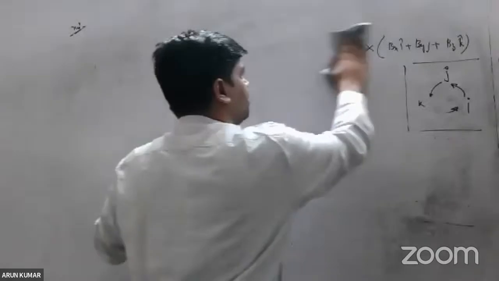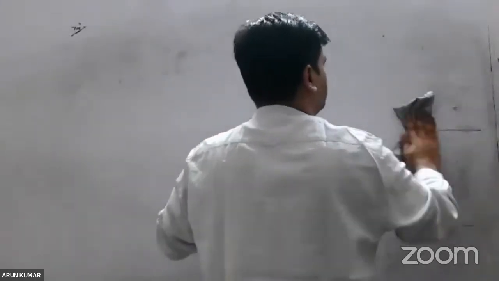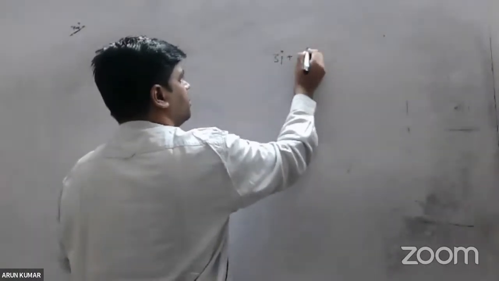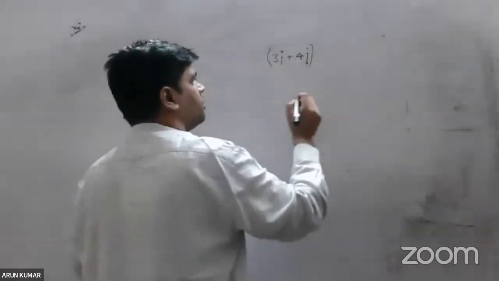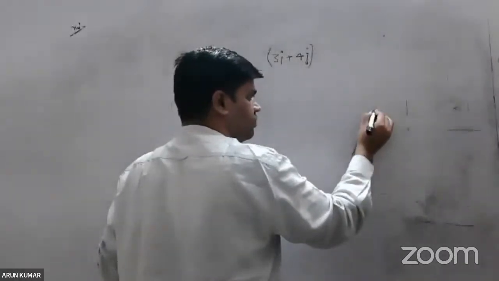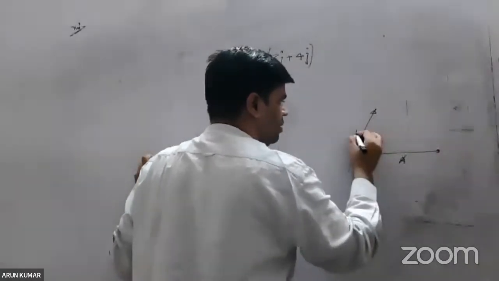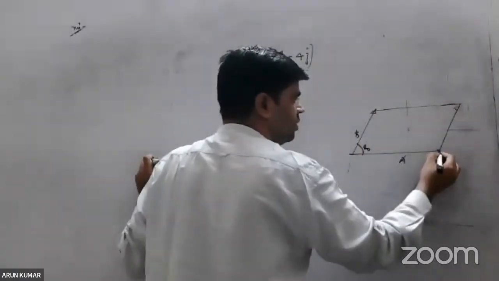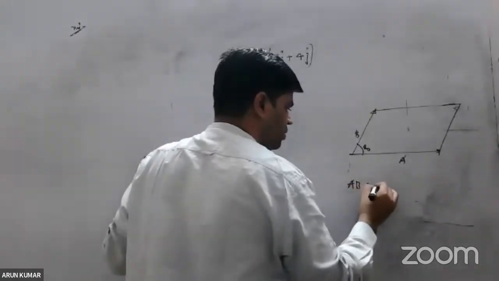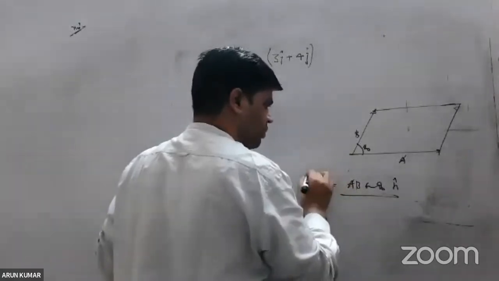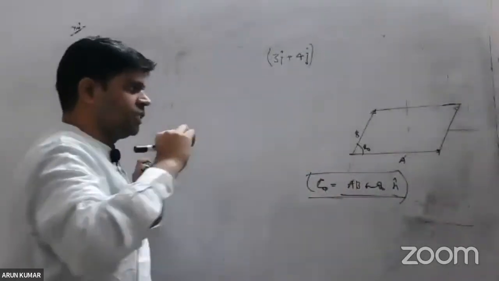A cross b is nothing but the area of the parallelogram, right? That's what you have seen. If there are two vectors a and b, ab sine theta is the area of the parallelogram. So ab sine theta n cap is my area of the parallelogram.